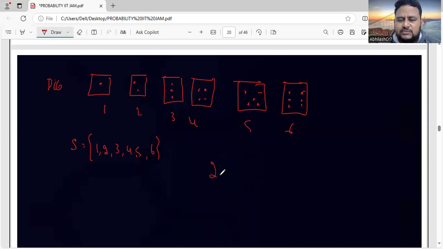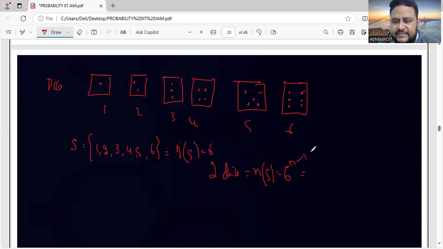Suppose there are two dice. What is the sample space? For one die, n of S is 6, the number of outcomes. For n dice, n of S is 6 to the power of n, where n is the number of dice.